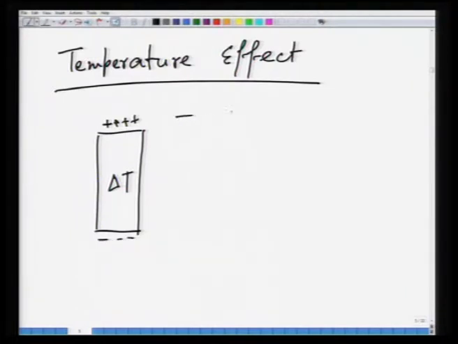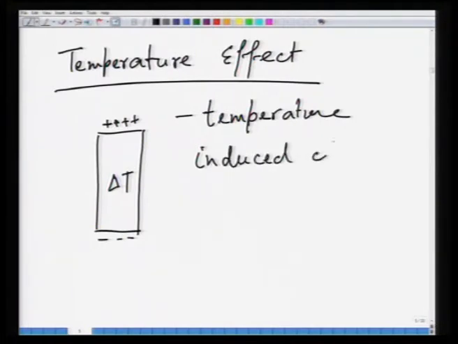So, this is basically temperature induced change. Such kind of materials are called pyroelectrics.